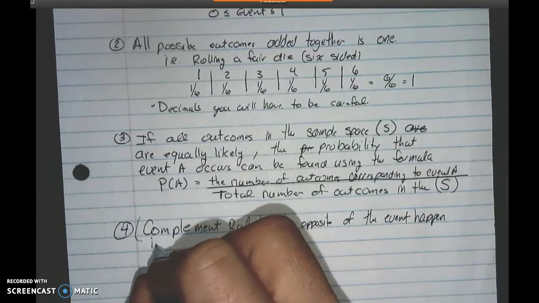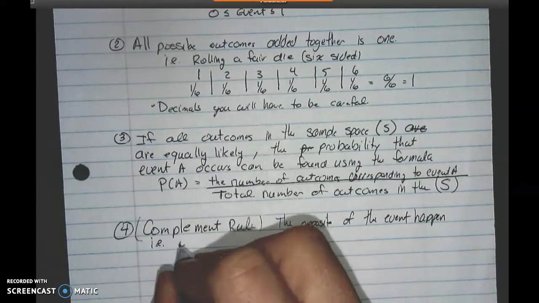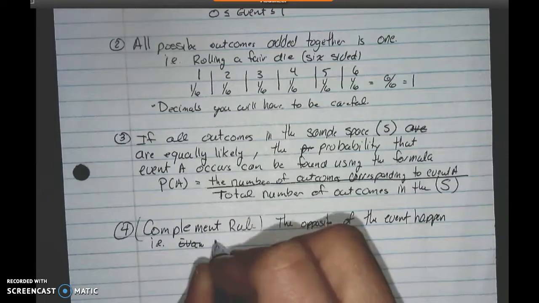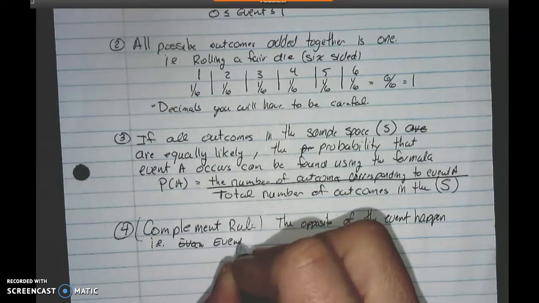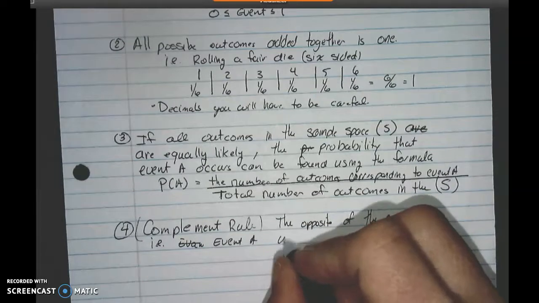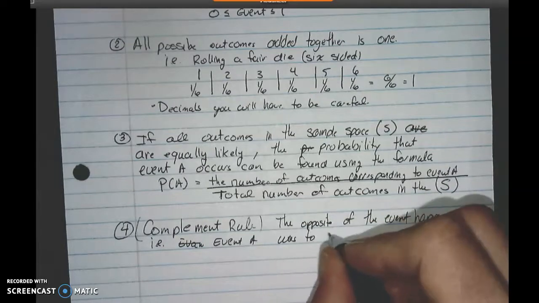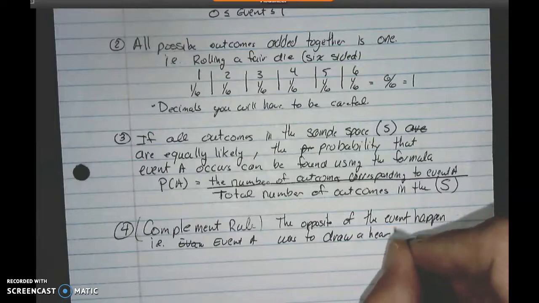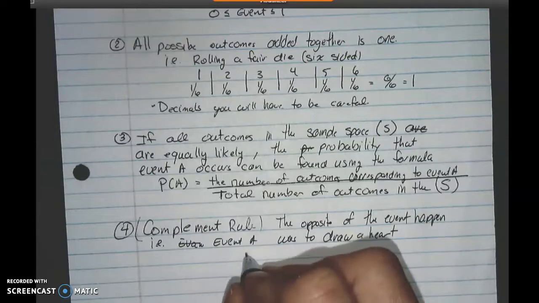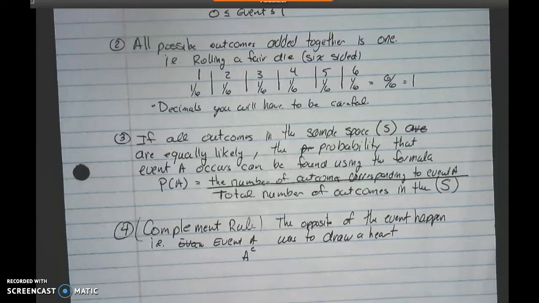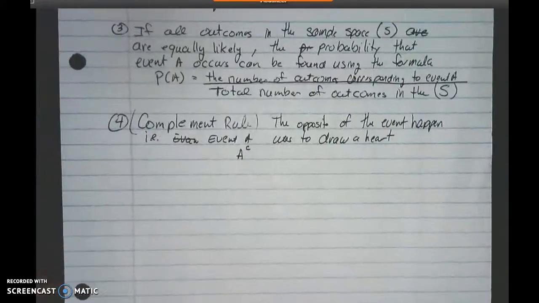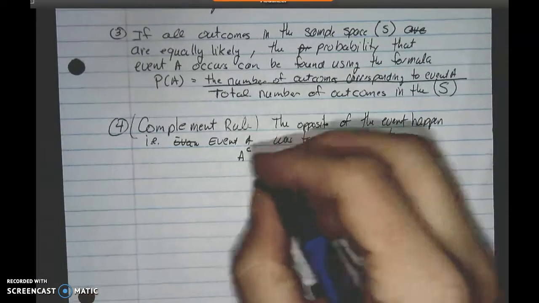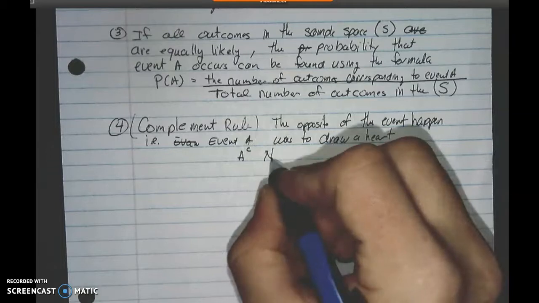So an example is if my event A was to draw a heart, then my complement, which is shown like that, A with my exponent as the letter C, the complement of A, is not to draw a heart.